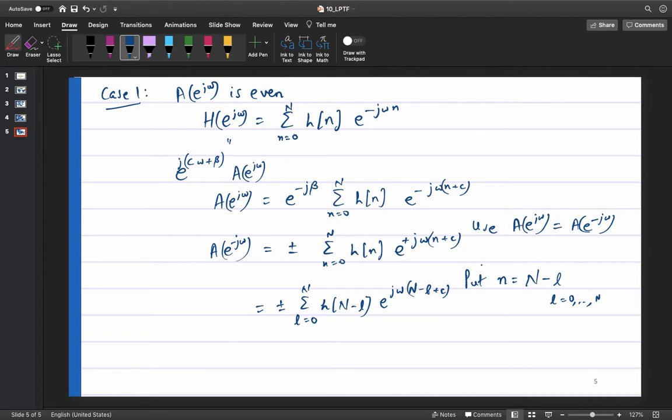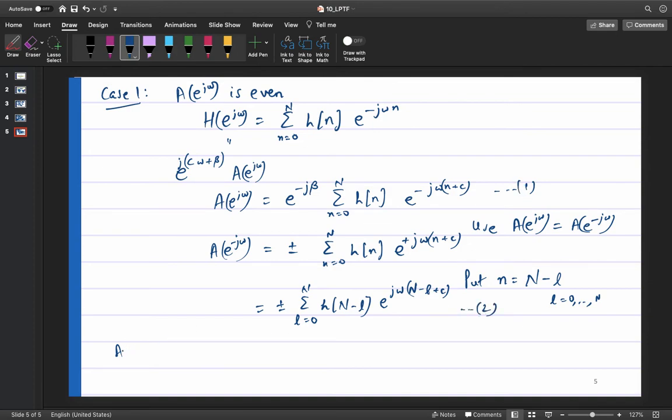Right? So now we can compare the two terms. Let's compare these two. So what do we get? If I say these two are equal, so maybe I will write equation number 1 and equation number 2.